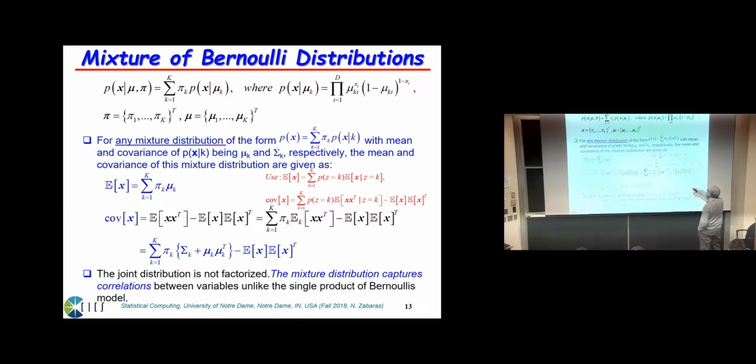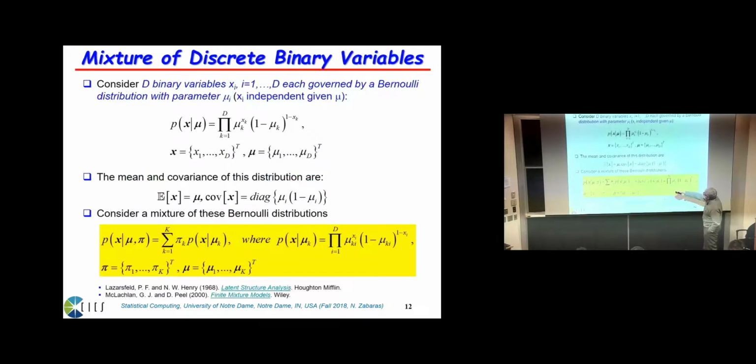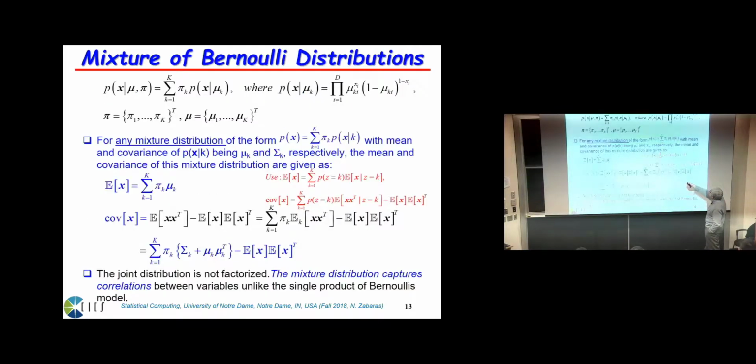So the expectation of x is the same as the expectation of x conditioning on z times the probability of z. And this expectation we know, because I told you before the expectation is equal to mu for each component. And so effectively this is the prior pk. So the expectation is the summation of pk times mu k. You see that?